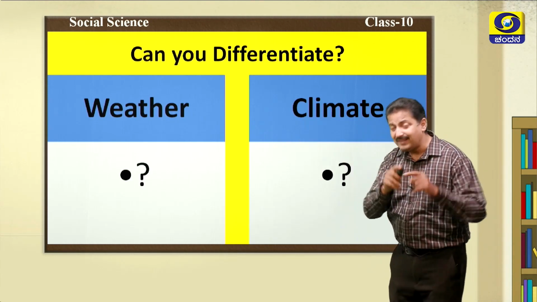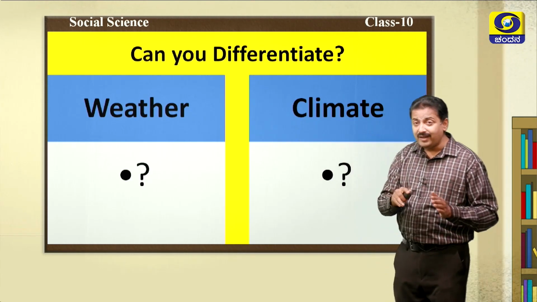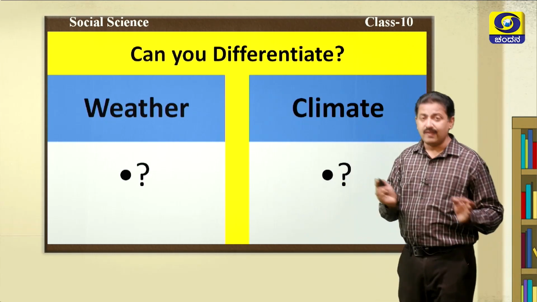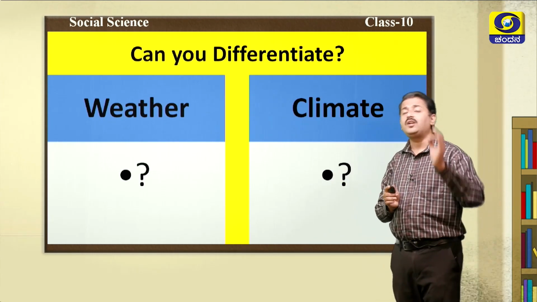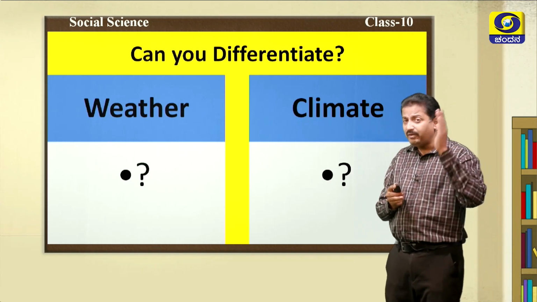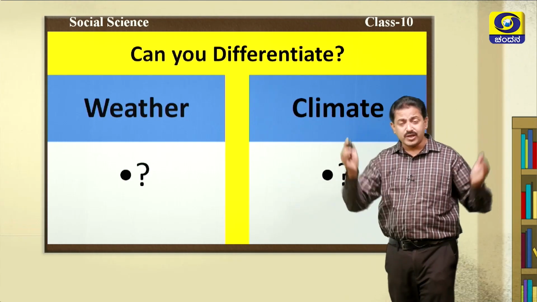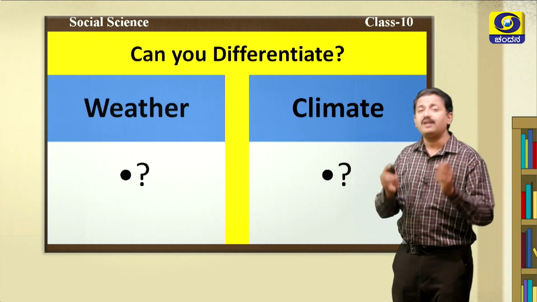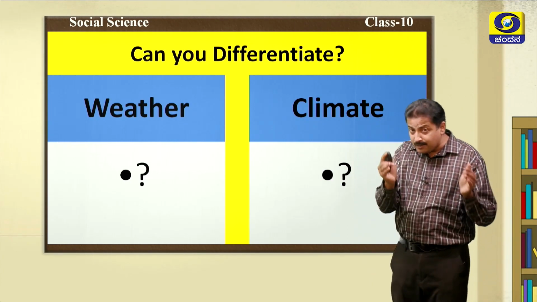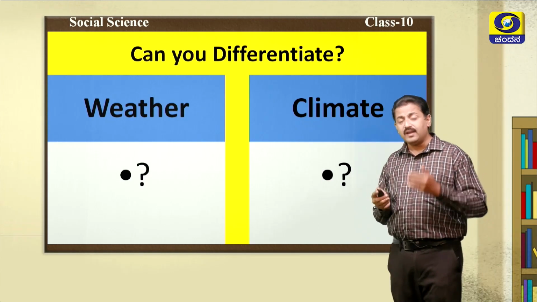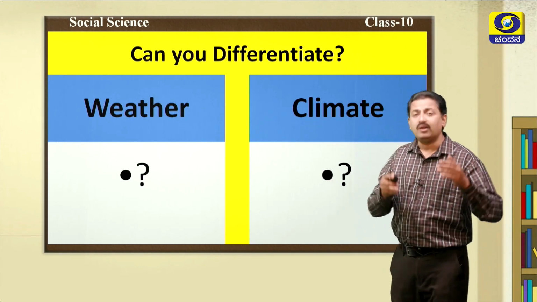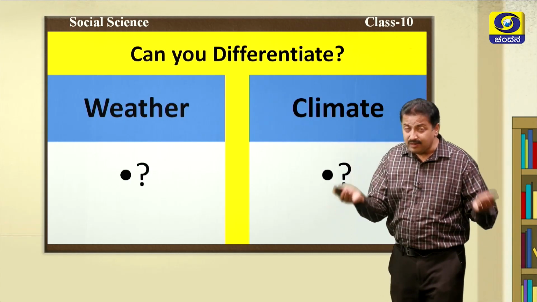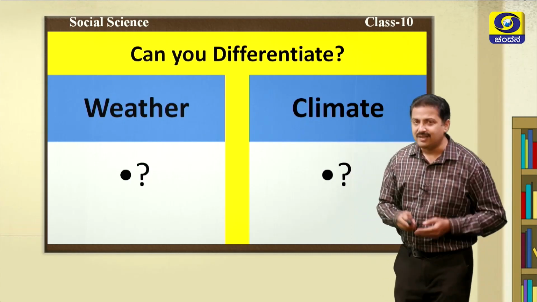But climate is not like that. Climate is an average weather condition of a vast area considered once in 35 to 40 years. The average weather condition of a large area over about 35 to 40 years will be calculated and they will name which type of climate it is. There the factors like winds, position, relief features, water bodies, everything will be considered. That is climate.